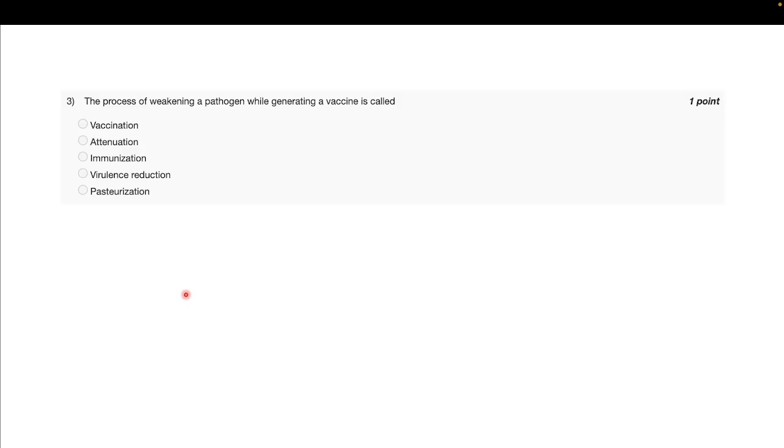So the next question is, the process of weakening a pathogen while generating a vaccine is called what? We just talked about this in the introductory slide as well. So if anybody wants to volunteer. Attenuation. Okay, we have one answer as attenuation.